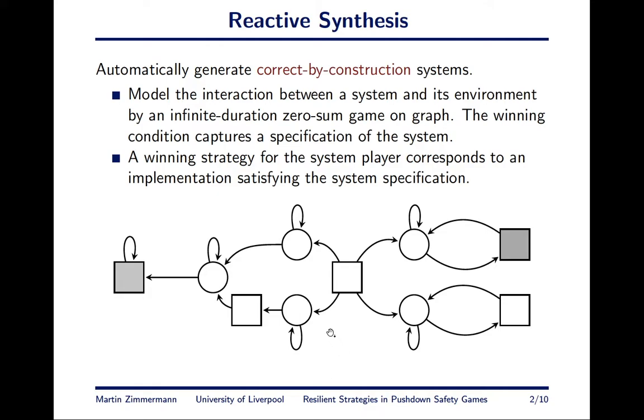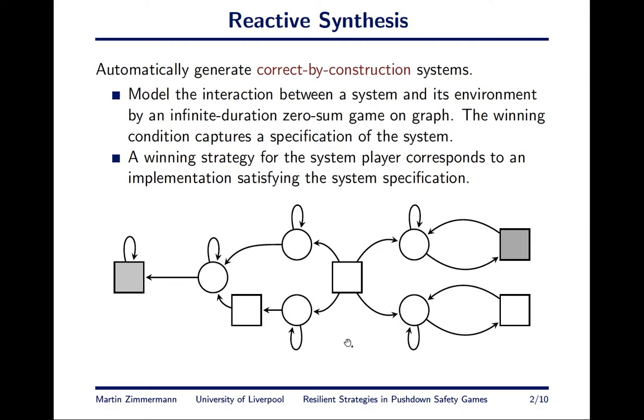Each vertex encodes the current state of this environment, essentially the positions of the robots and whose turn it is. At the round vertices, it's the system player's turn, so the blue robot makes a move. And at the square vertices, it's the environment's move, so the red robots are moved.